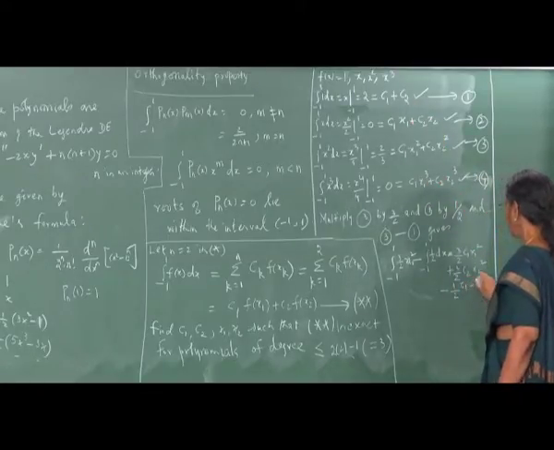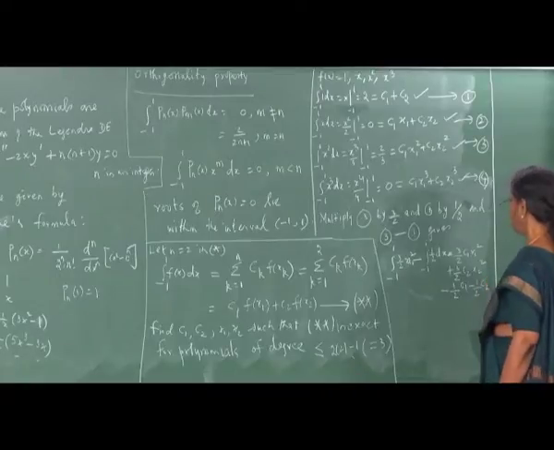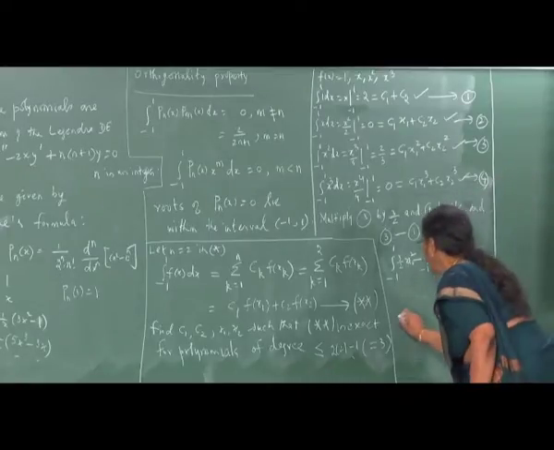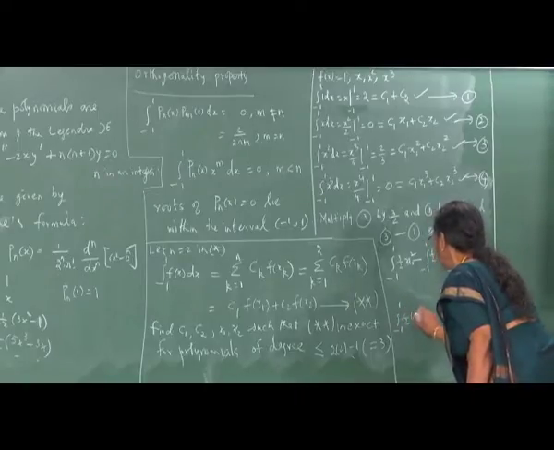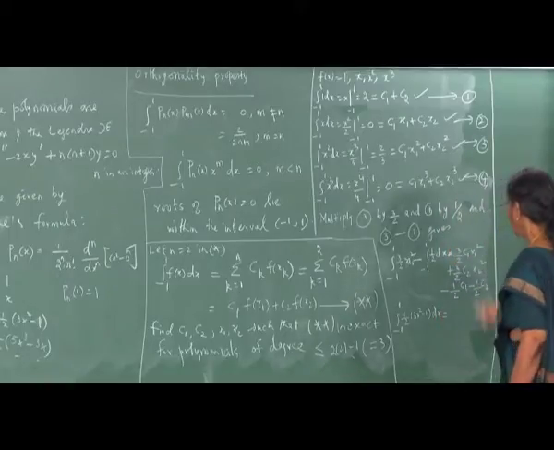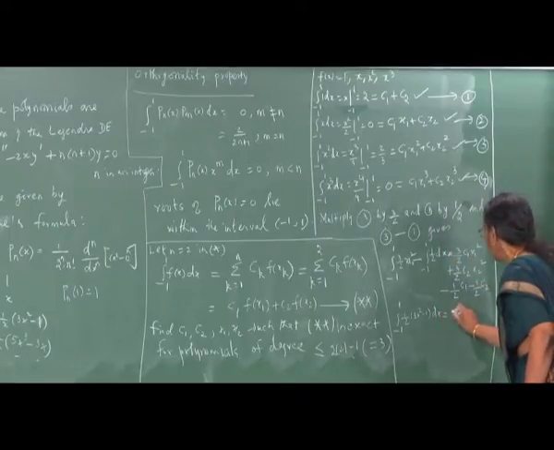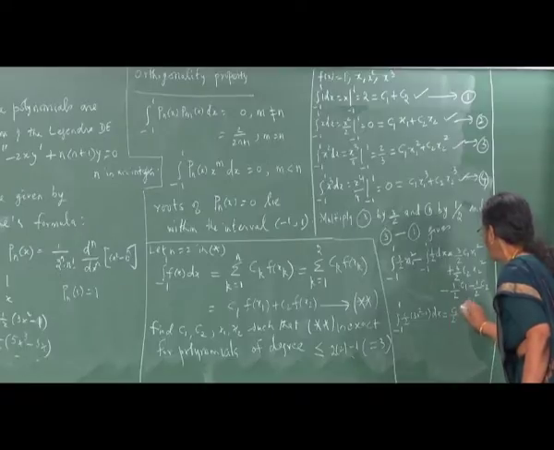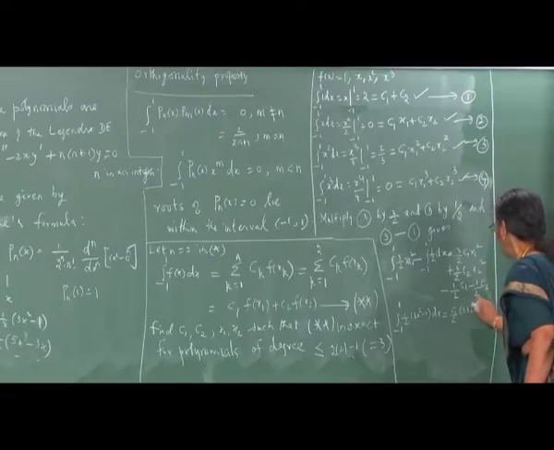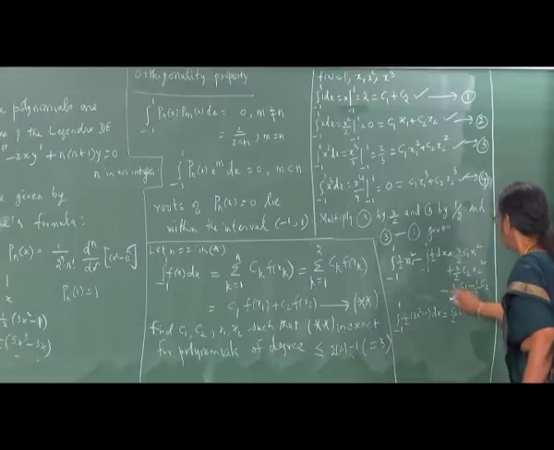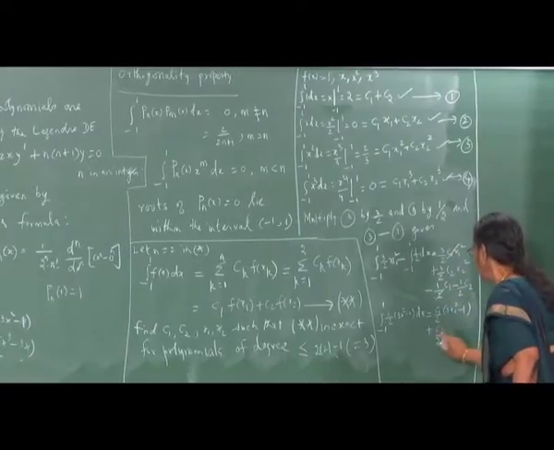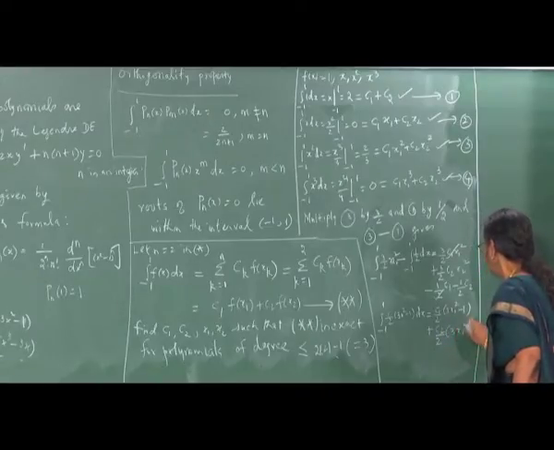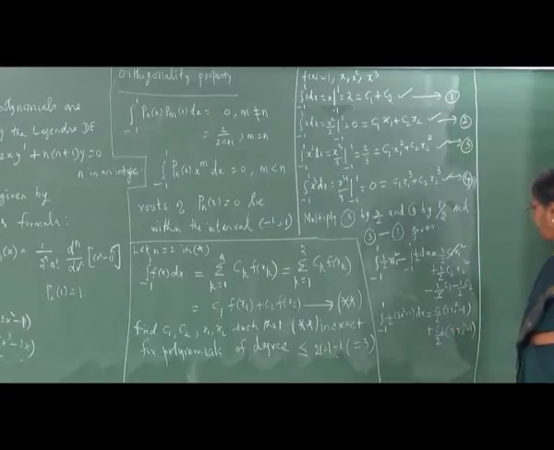So, half C1 minus half C2. So, the left hand side is integral minus 1 to 1 half of 3x square minus 1 dx, and the right hand side gives me C1 by 2 into 3x1 square minus 1, plus C2 by 2 into 3x2 square minus 1.